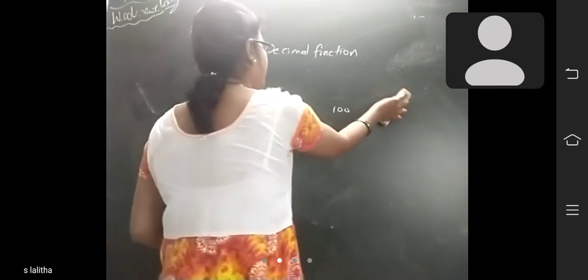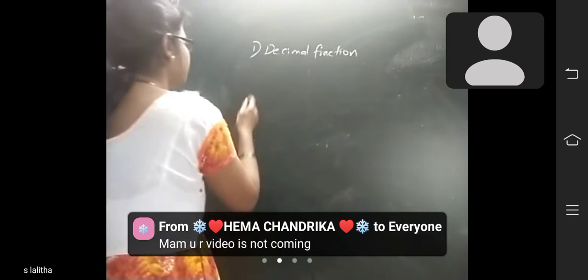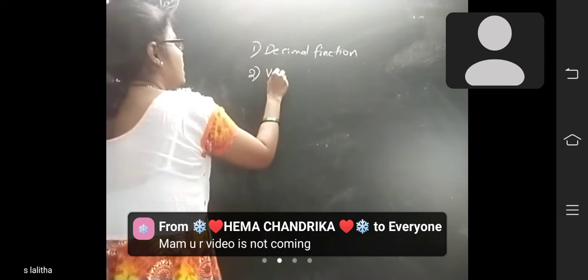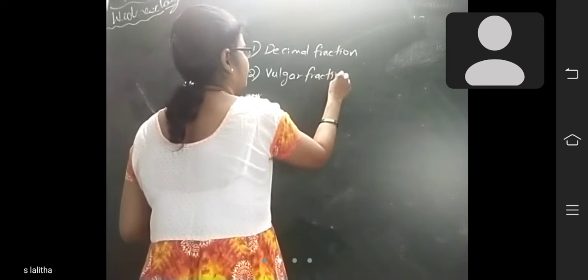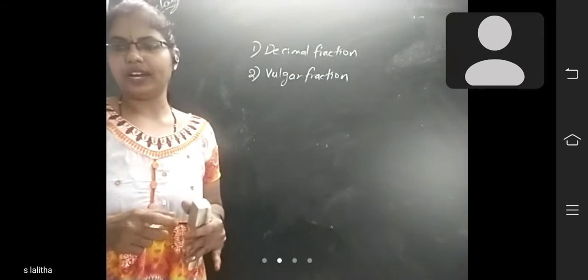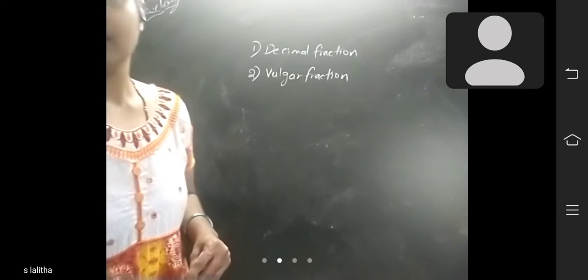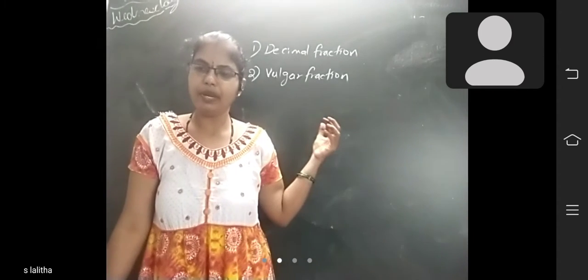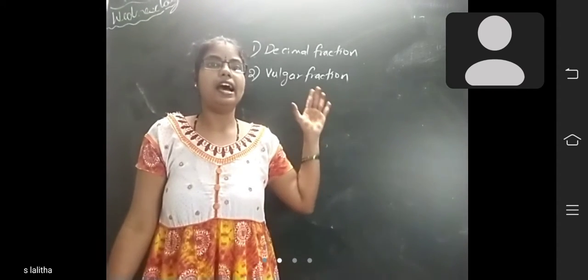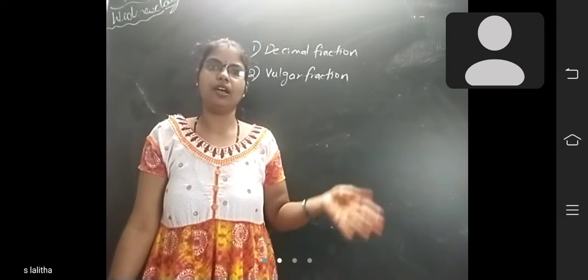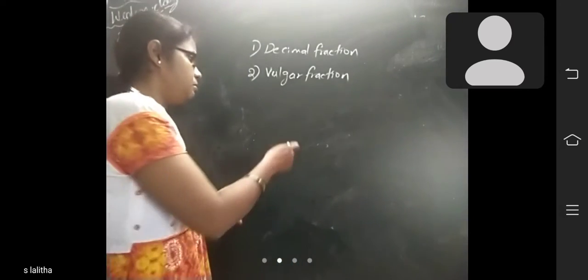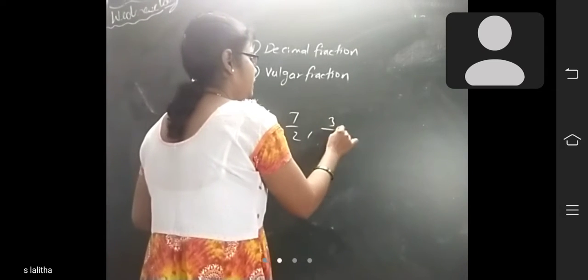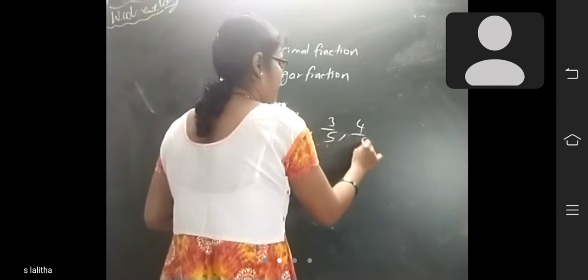And next, what is the other fraction? Vulgar fraction. What is called a vulgar fraction? A fraction whose denominator is a whole number other than 10, 100, 1,000 is called a vulgar fraction. That means 7 by 2, 3 by 5, 4 by 8 like that.